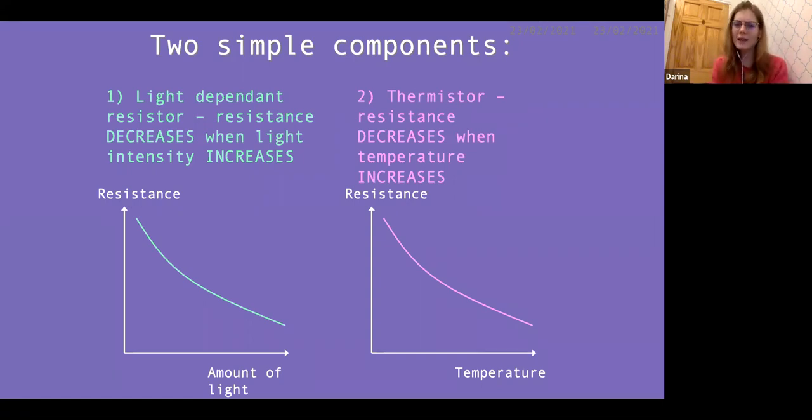So can someone explain to me in their own words, I'll give you a couple of seconds to think about it, really brief: for the LDR, why does resistance decrease when light intensity increases? I've explained it in terms of the thermistor. When you have a thermistor, you supply it with thermal energy. Now it goes into the kinetic energy of the electrons, and therefore the electrons can move faster. Can someone make the same explanation but for a light-dependent resistor?